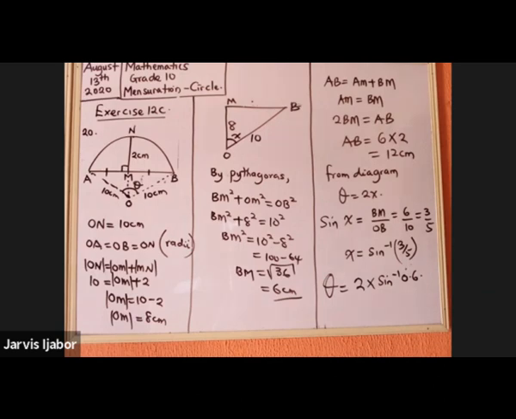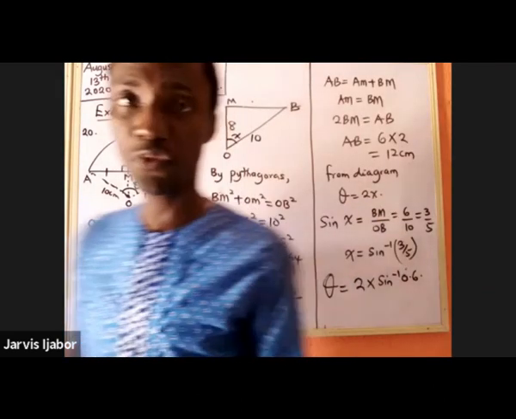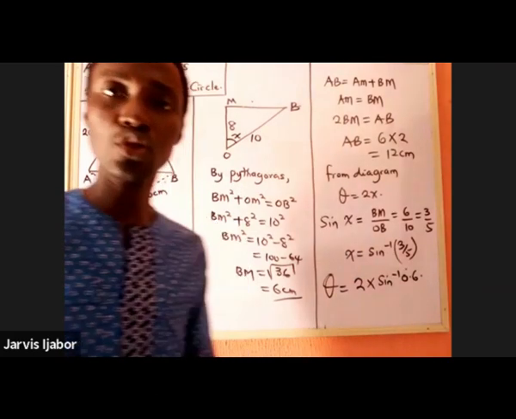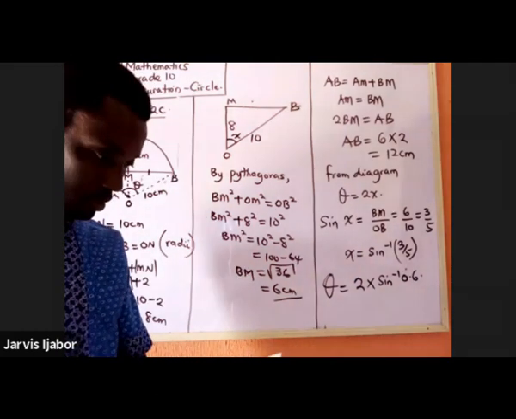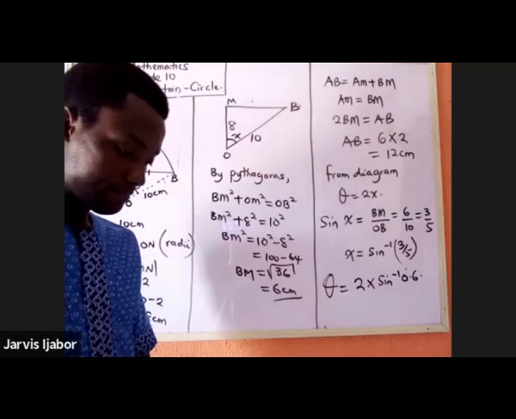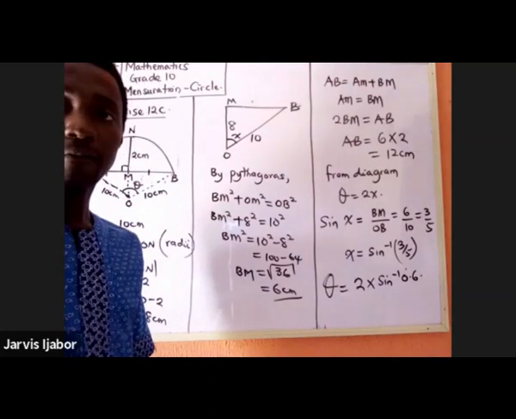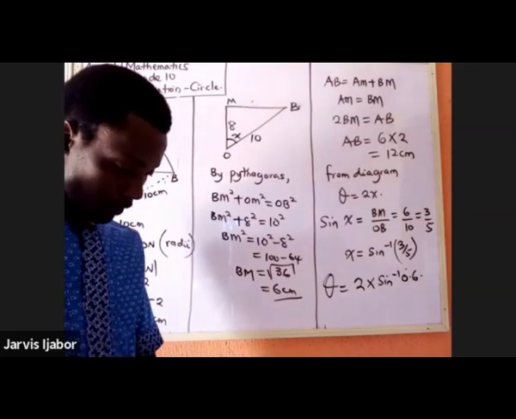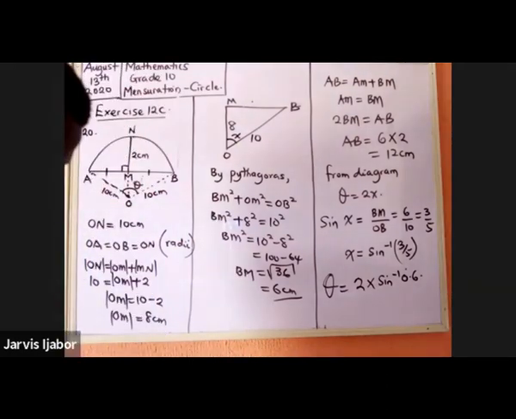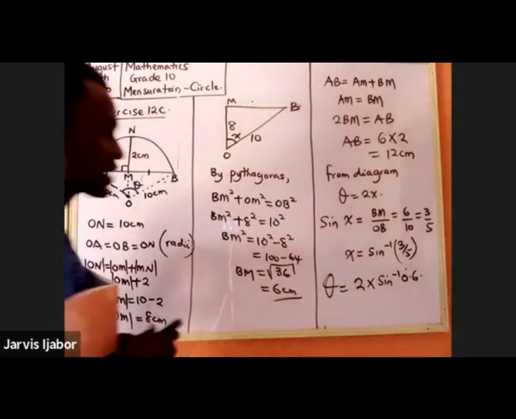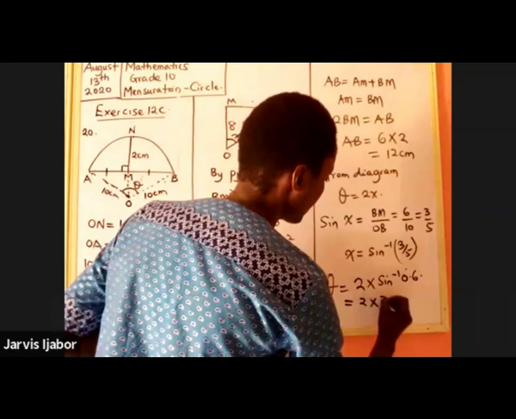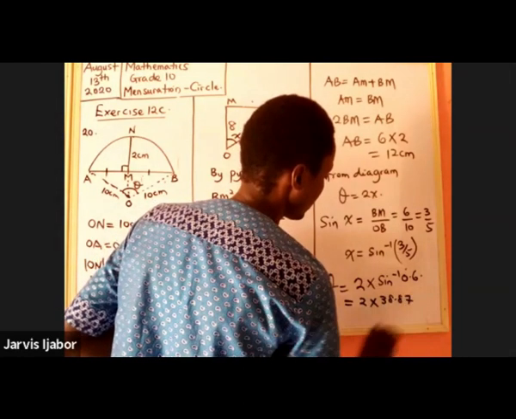If you go to your 4-figure table under sine, you discover that 0.6 occurs at 36.87.